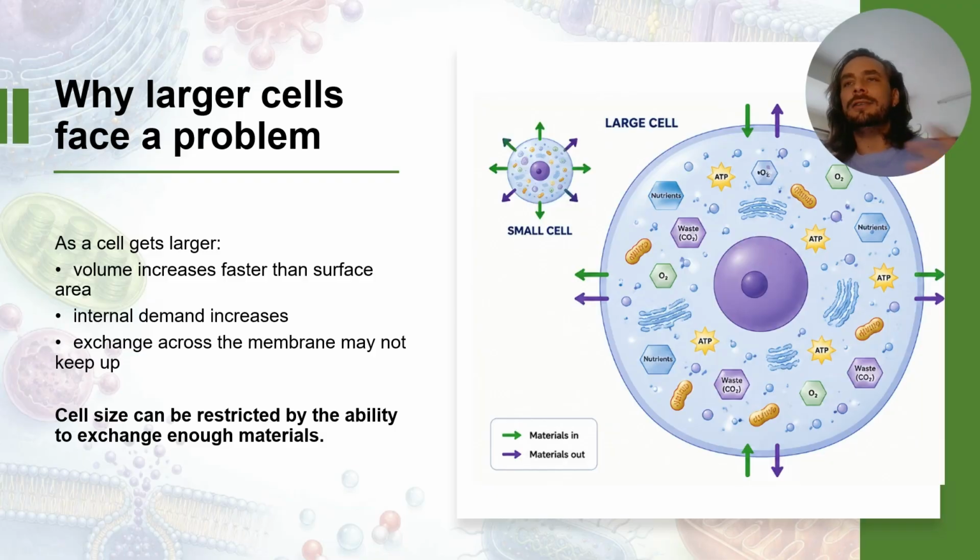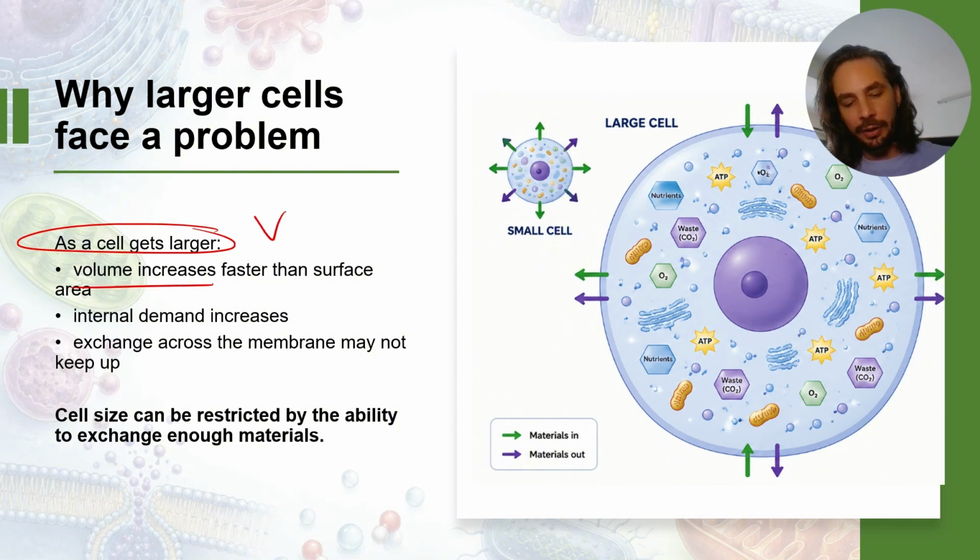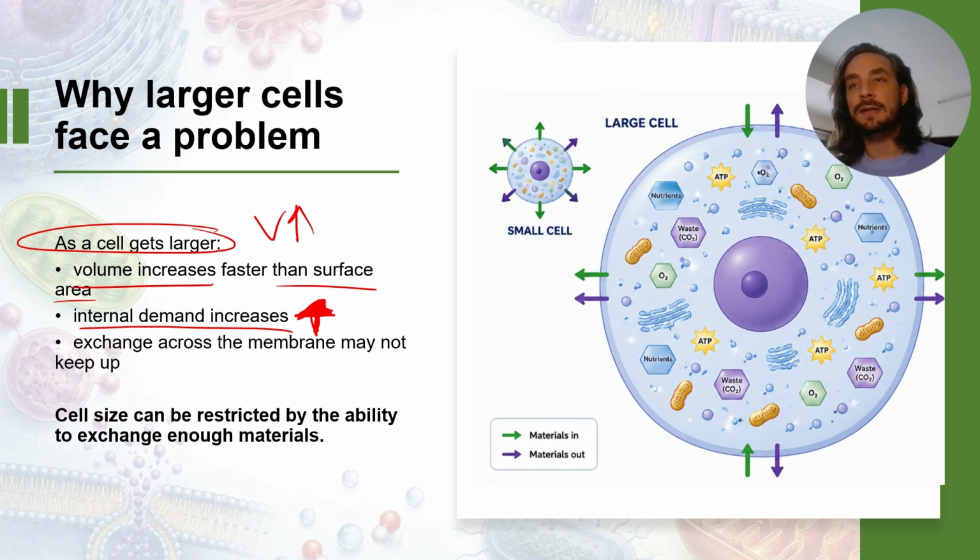Now, why do larger cells face a problem? When cells get larger, their volume increases, and this increases faster than the surface area. This means that the internal demand increases, because a bigger cell has more metabolic processes happening.